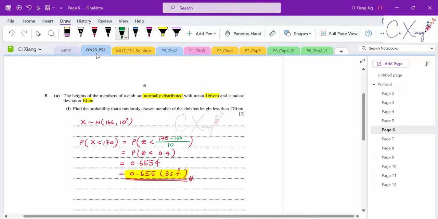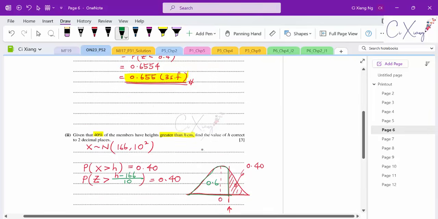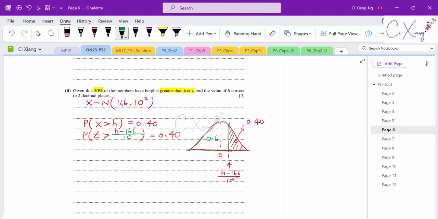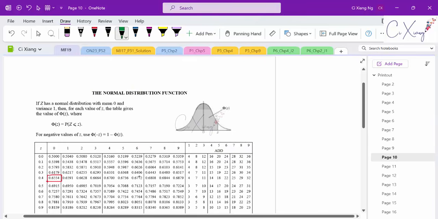For our question, we have a smaller area, which is 0.4. So to find the value of z, I need to use the complementary area, which is 0.6. Now I will look for 0.6 to get the z.